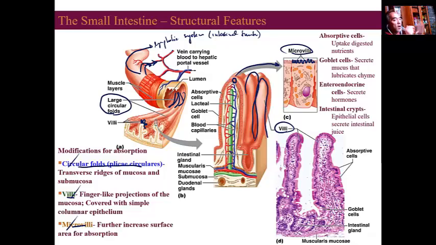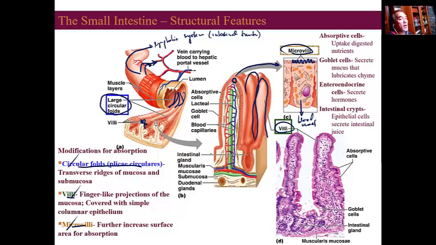So you have a lot of surface that nutrients can go through, from the columnar epithelium to the blood vessel. Remember, the blood vessel that carries that nutrient is going to go to the hepatic portal vein and then to the liver.